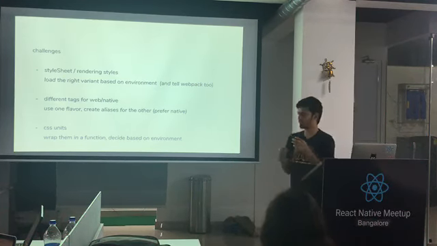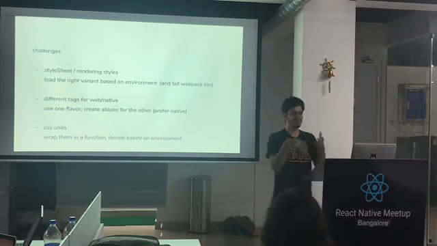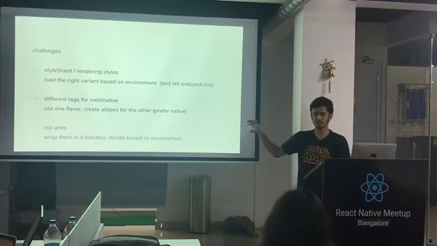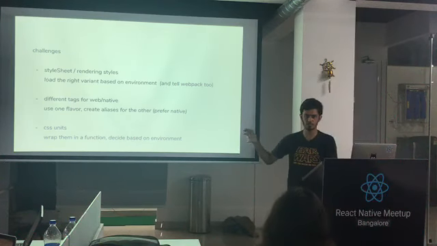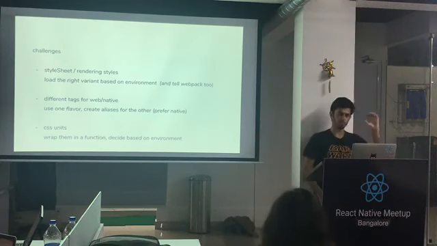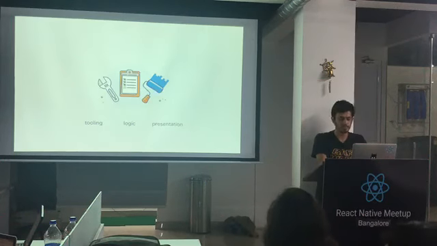So when you want to say view is also div, scroll view is also div, and some of the other ones are also div, it makes sense to use native as the default so that you don't have to write a lot of code, and then just create a map that all of these in my array mean div. So prefer the bigger set, which seems to be native, and then fall back to div or span by keeping a map. CSS units, wrap them in a function, decide based on the platform, right?